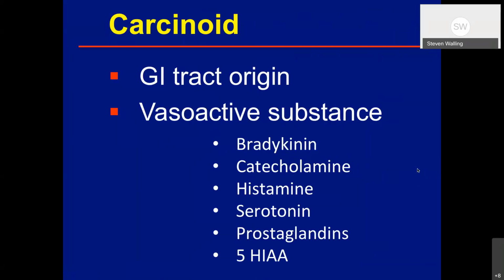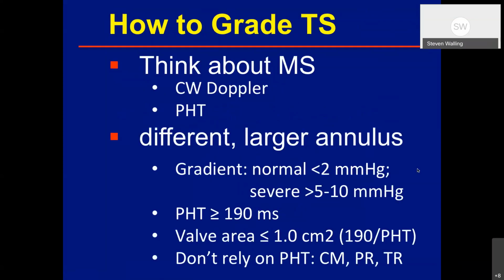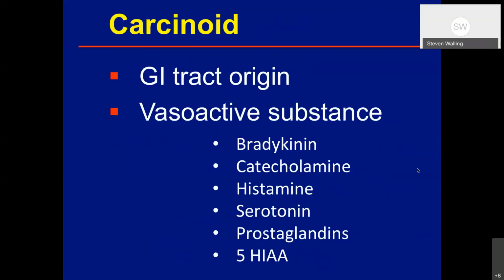That causes flushing, diarrhea, asthma, those typical syndromes. The reason it only affects the right heart is that these vasoactive substances affect the endocardium.